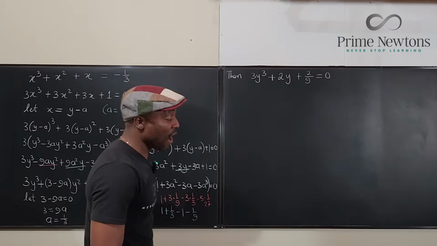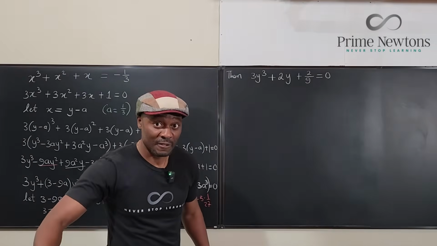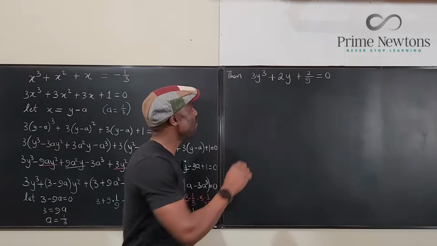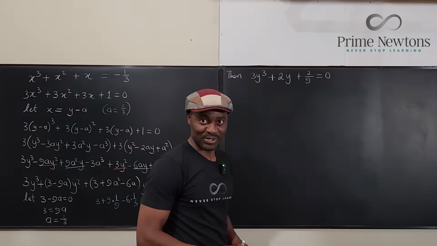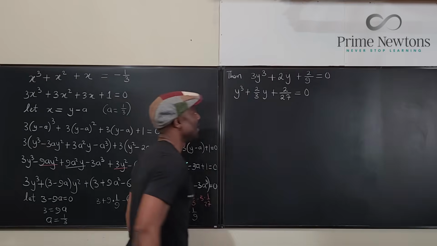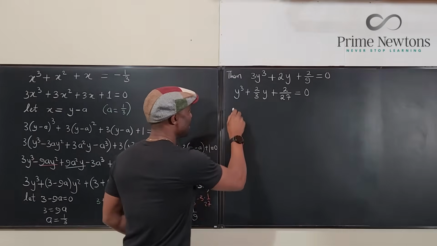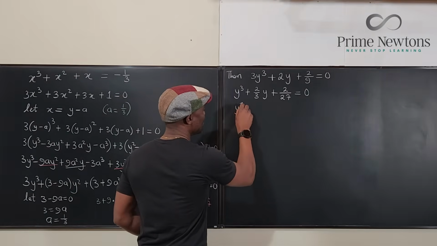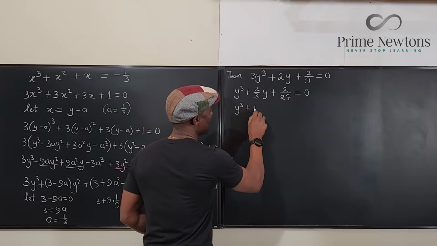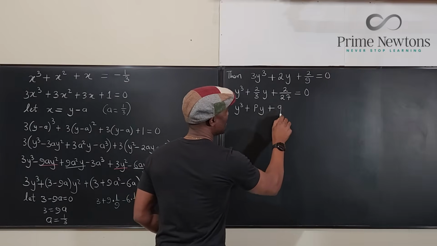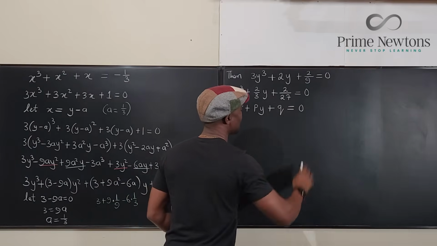Now, for Cardano's formula to work, we want the leading coefficient to be 1. So in order to do that, we want to divide everything by 3 first. So let's try and do that. Now, by Cardano's formula, this is y cubed plus py plus q equals 0.